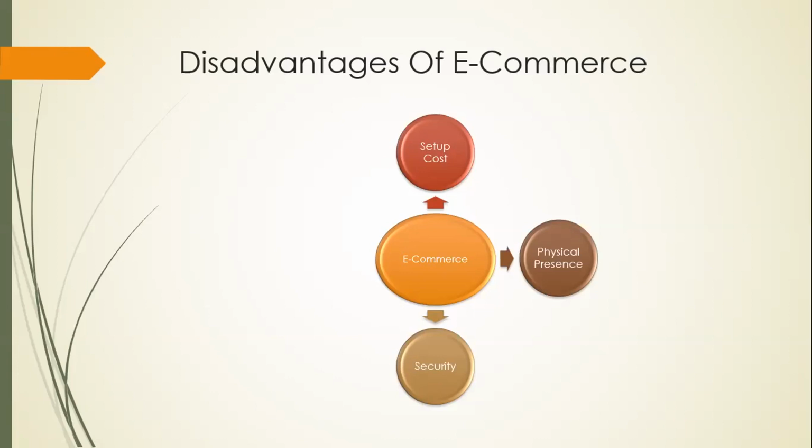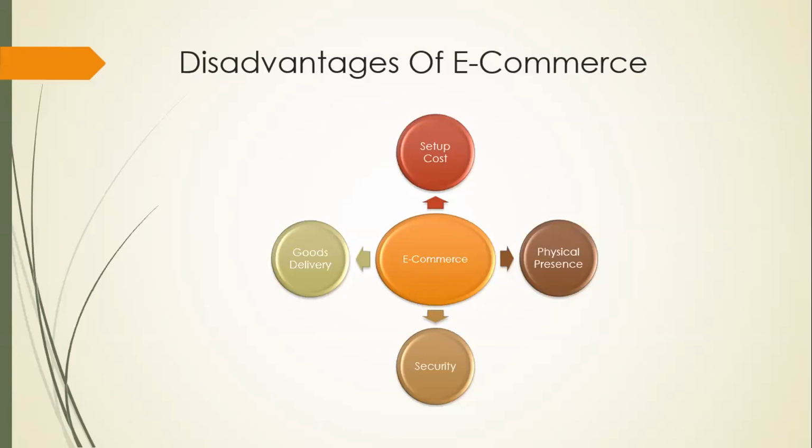Another disadvantage of e-commerce is goods delivery. As we all know, if you go to the shop and purchase anything, you will get it at the same time. But in the case of e-commerce, it takes some time. For the shipping of a product, it may take 2 3 days. It may be available within 24 hours also. So if the product is good, that is okay.